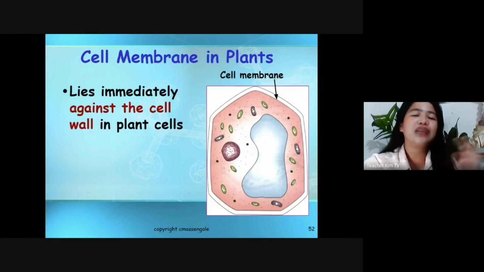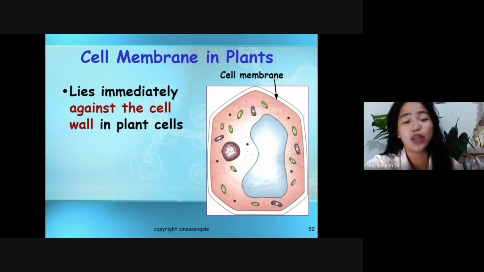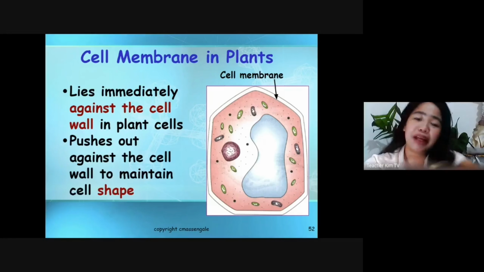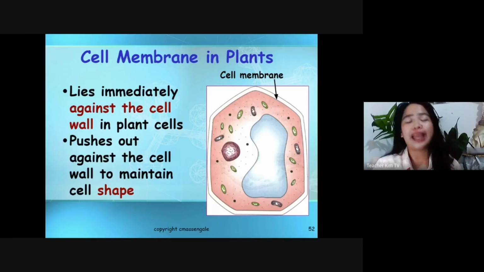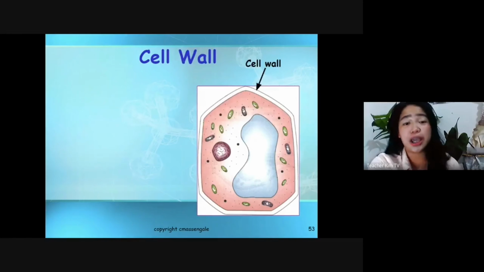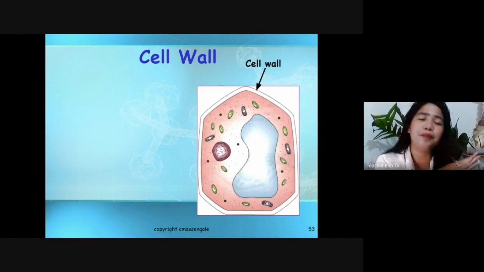Okay, so cell membrane in plants, it lies immediately against the cell wall. But in animal cell, membrane lang yun kasi wala namang cell wall. So it pushes out against the cell wall to maintain the shape. So it helps the cell wall to maintain the shape for the case of plant cell.